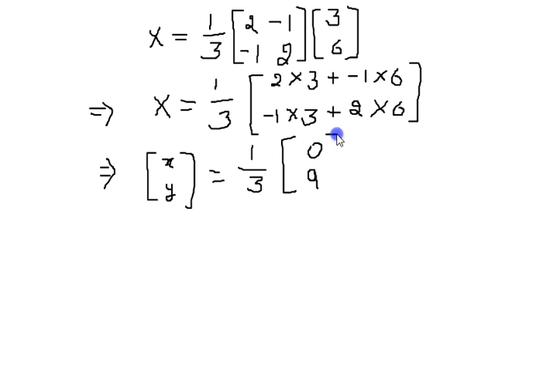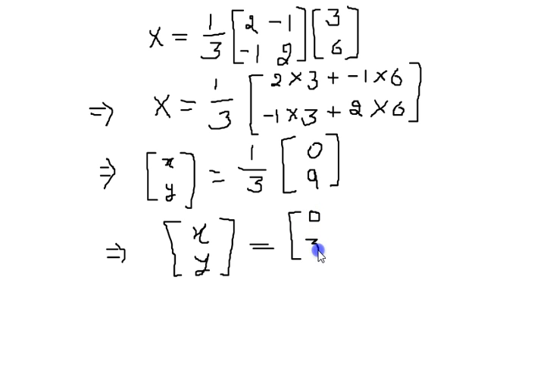And if I simplify, I will get x here, y here, and if I multiply 1 by 3 inside, I am going to get 0, and I will get a 3, which means the value of x, if I compare both the matrices, x is equal to 0 and y is coming 3.